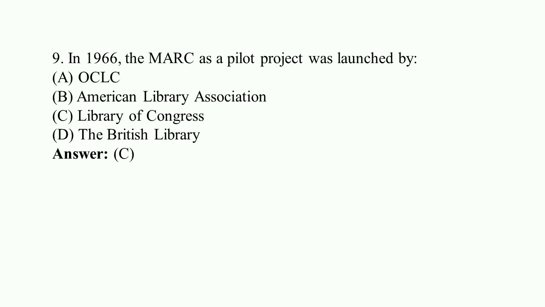In the machine readable cataloging format, the machine can easily identify them, because the format is set by some tags. By the tags, the machine can identify the particular details of the document.